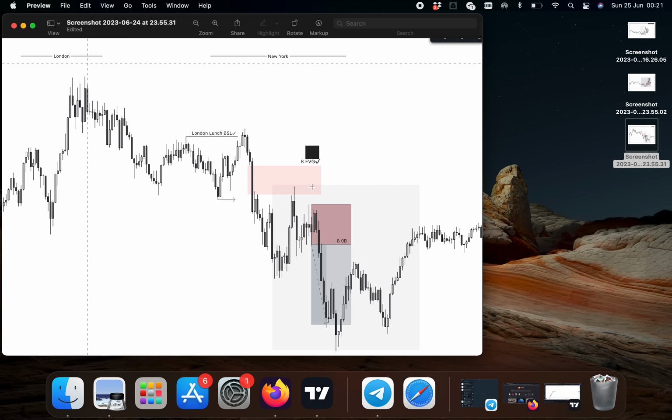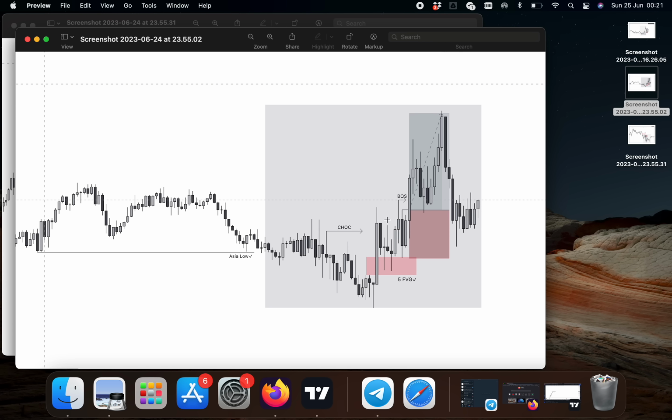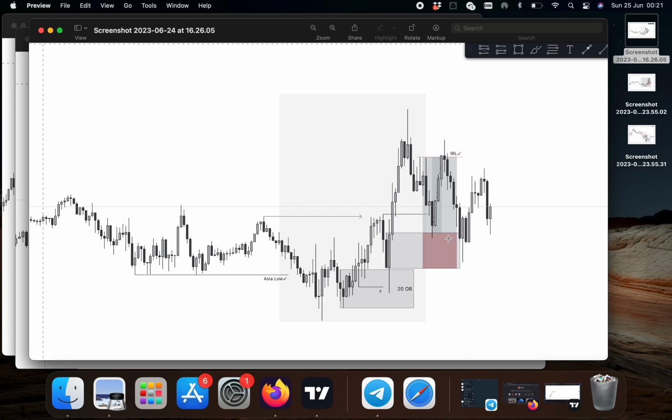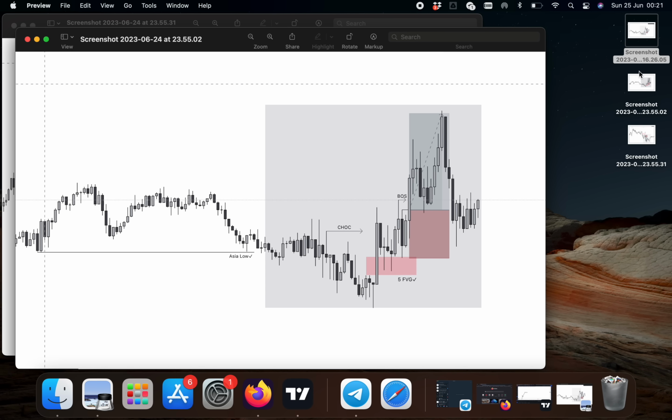So that was just another example, and another example could be this one. Again, this is the exact same one I just showed you. They all look very similar. All my trades do look similar just because I have the same system.